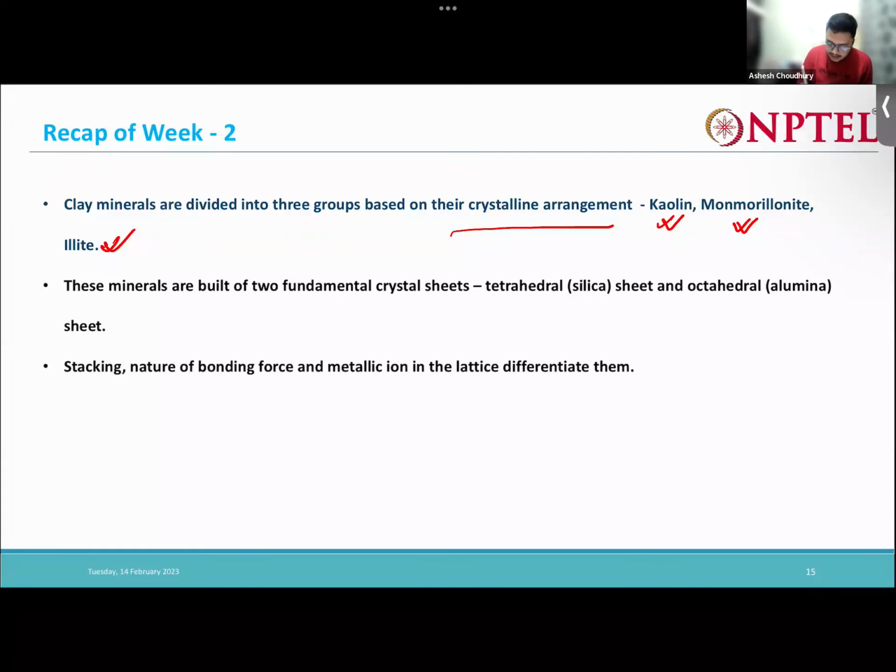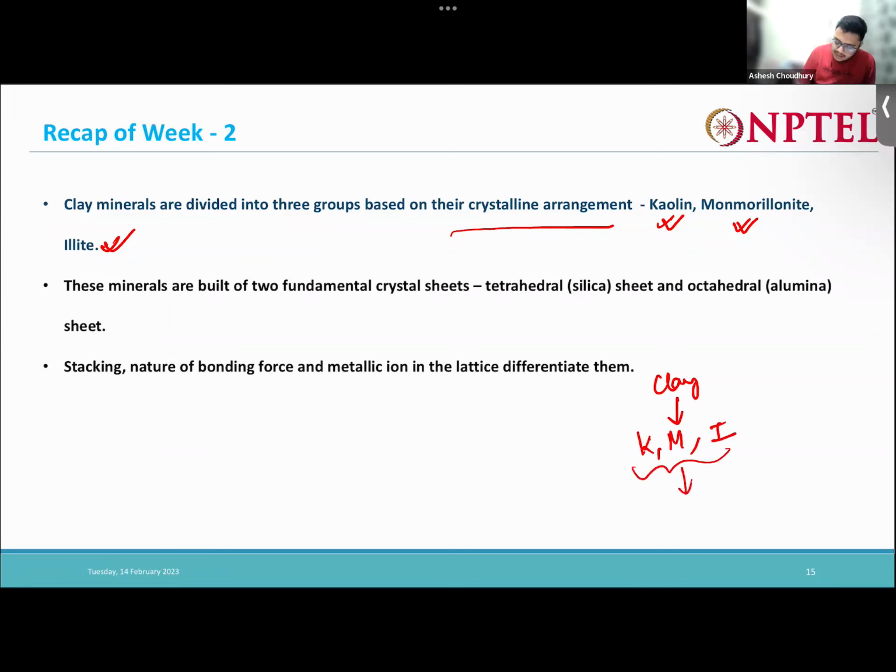So our clay is formed from kaolin, montmorillonite, or illite, K, M or I, and this K, M or I is in turn formed from tetrahedral sheet and octahedral sheet. So this is how a clay is formed. Now the stacking, nature of bonding force, and the metallic ion in the lattice differentiate them.